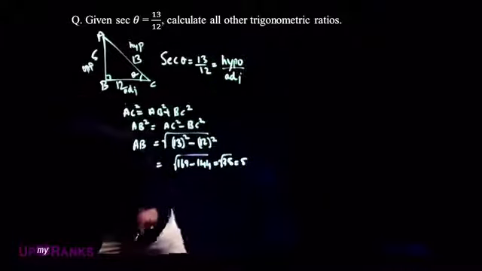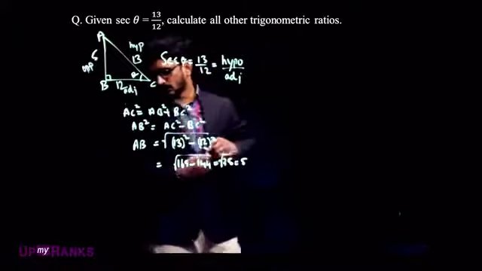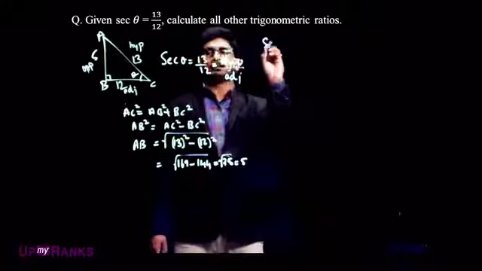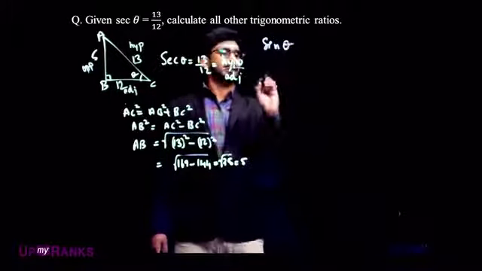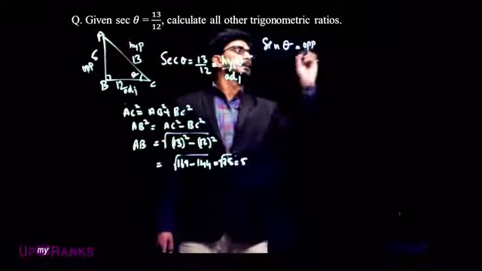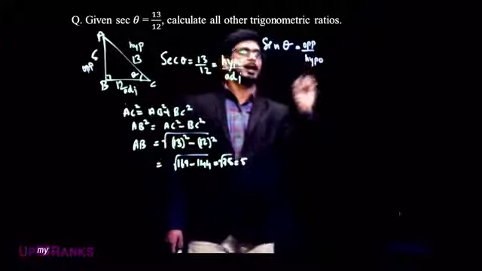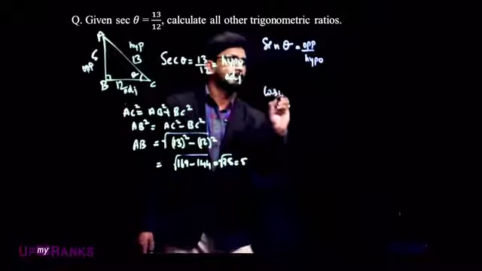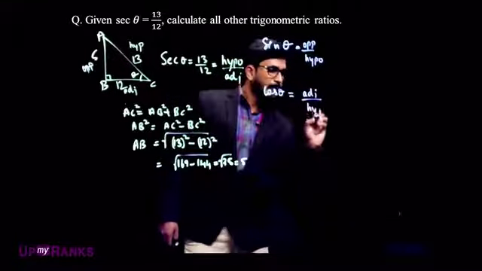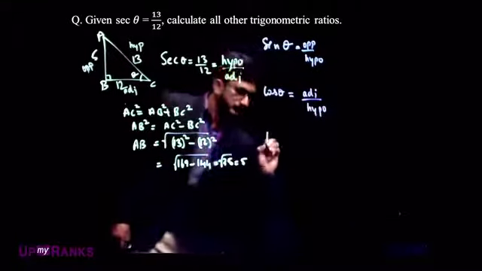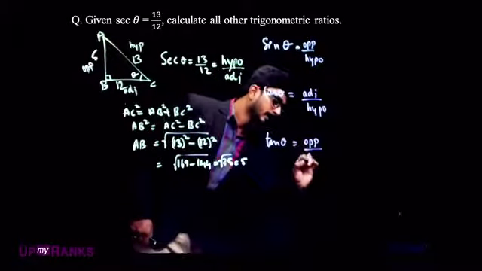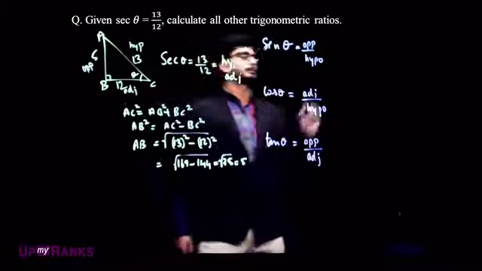So let's find the other trigonometrical ratios over here. The other trigonometrical ratios are like this: sin theta is opposite by hypotenuse, cos theta is adjacent by hypotenuse, tan theta is opposite by adjacent.